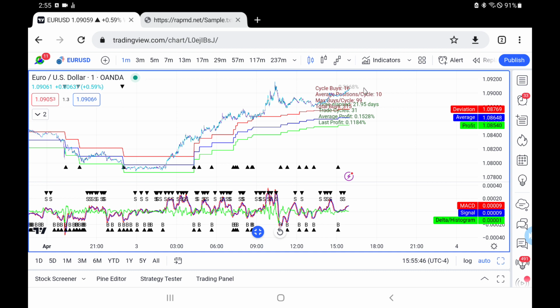But you can see the number of cycle buys, the average number per cycle, the maximum, and here you see how long it took to achieve its profits. Using this technique, it covers the last 21 days.